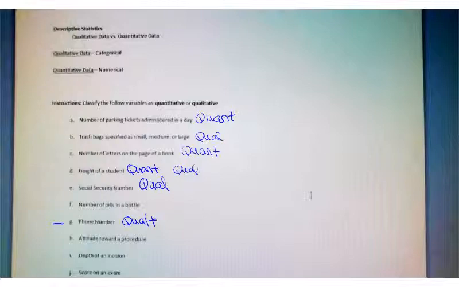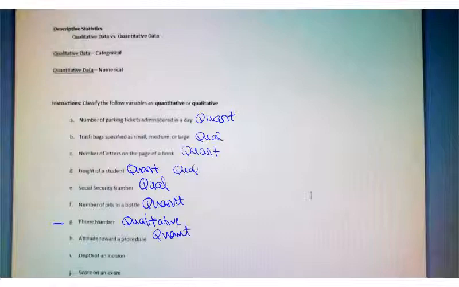Okay, so when numbers are being used for identification purposes, they are actually qualitative. All right. Going back up to number of pills in a bottle, that would be quantitative.